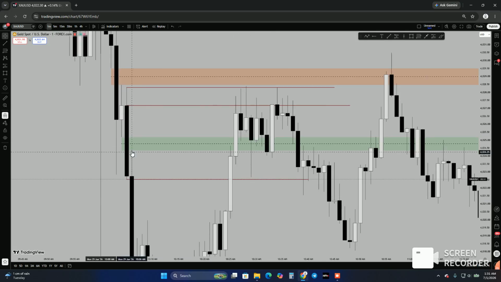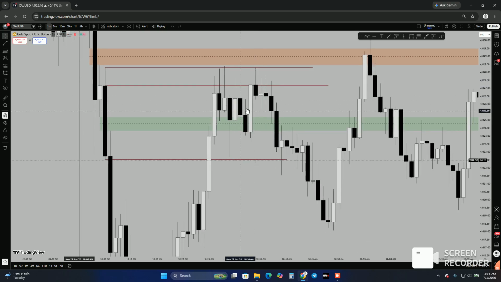So how can I take the trade here? Price came back here, closed above, but the body doesn't close above this high. Again it went down, closed above body to body, but not above the wick. So I don't care. I don't want to be a part of liquidity here.